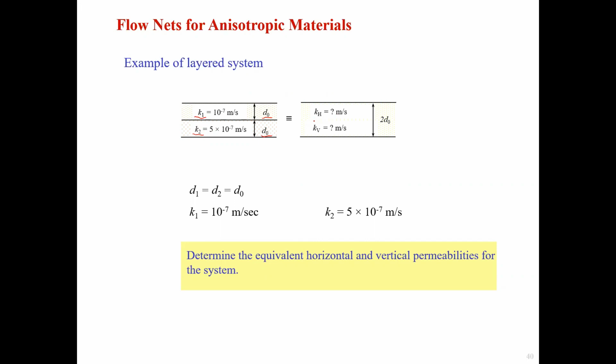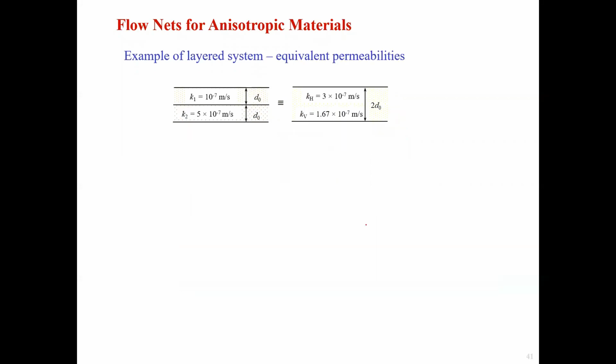So we need to calculate the equivalent KH and KV for the two-layer system as a new one-layer system. We just substitute all the given values into the formula. It's quite straightforward. D1 and D2 equal D0, and the K1 and K2 values are given.